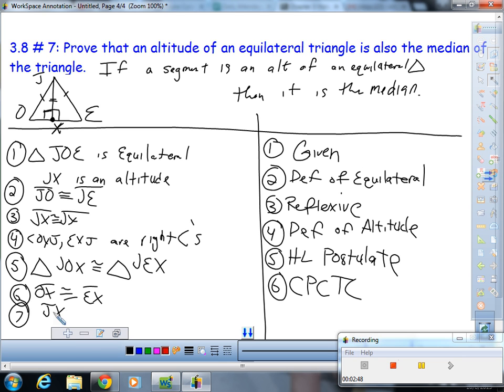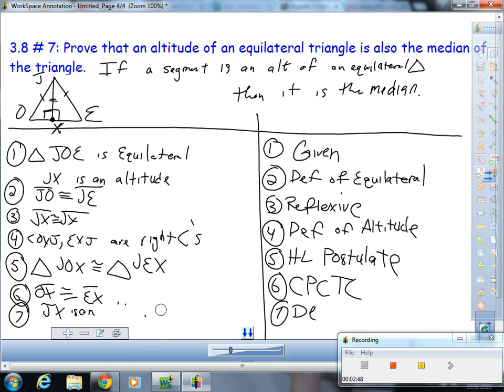Oh, right, okay, sorry. Altitude of an equilateral triangle. JX is an altitude by definition of altitude. Sorry, it's a median.